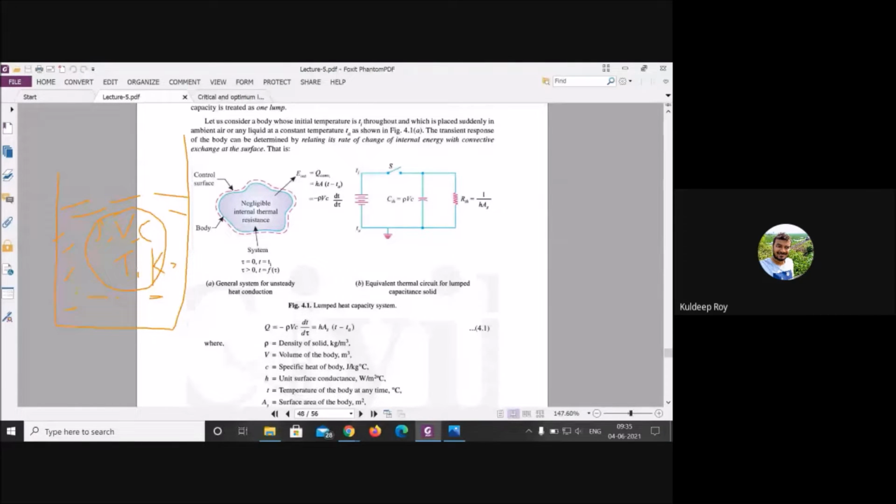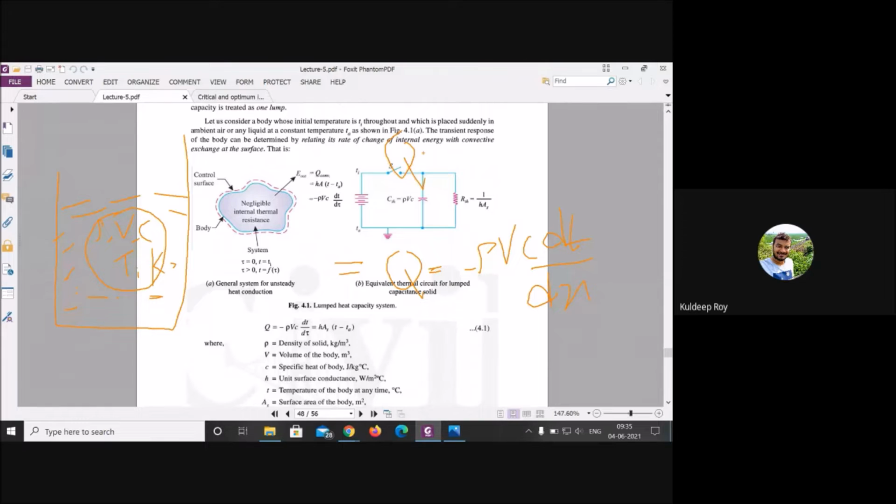So you are correlating this with the convective heat transfer around the surface. How will you compare? You have to write Q is equal to minus rho V C del T by del tau. I think you know this formula, this is a very famous formula.